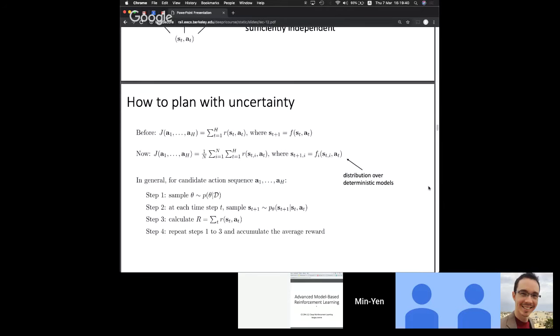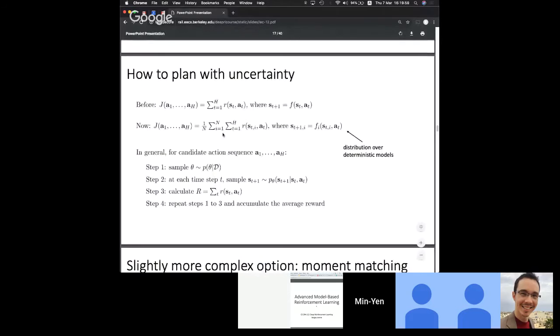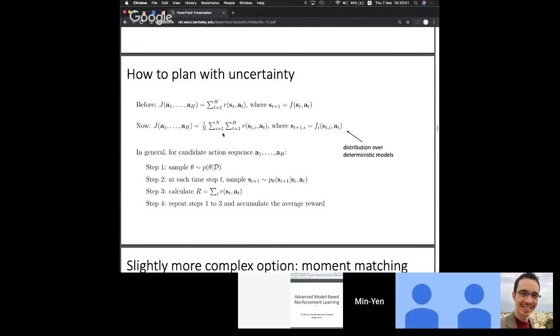Cool. So here, what he's saying is we have all this sequence of actions, A1 to AH, and you would normally take the summation over all these time steps for the reward function, where s_{t+1} is coming from that particular model. And now you have n networks outputting n different things. So you need to sum them up and take the average of the probability distribution across all these actions.